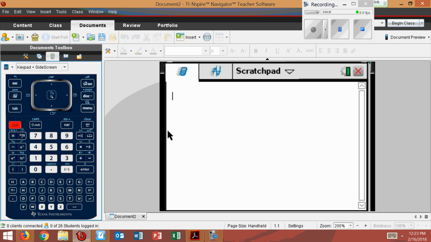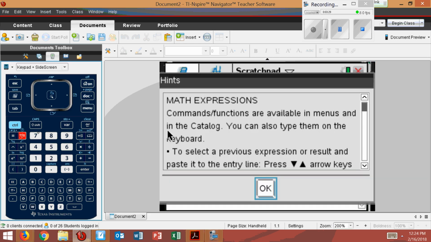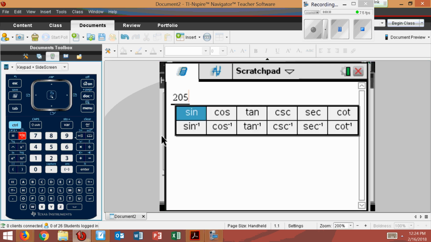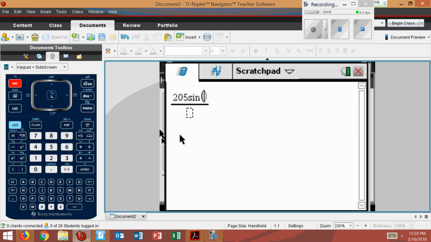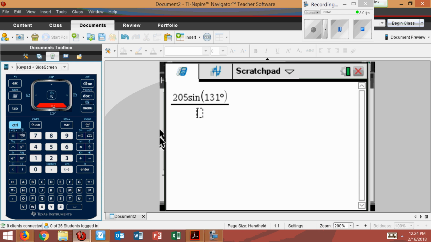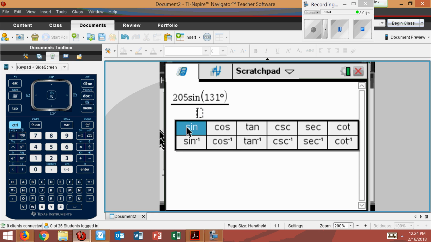So we had a fraction here, and it was 205 times the sine of 131 degrees, divided by sine of 30 degrees.